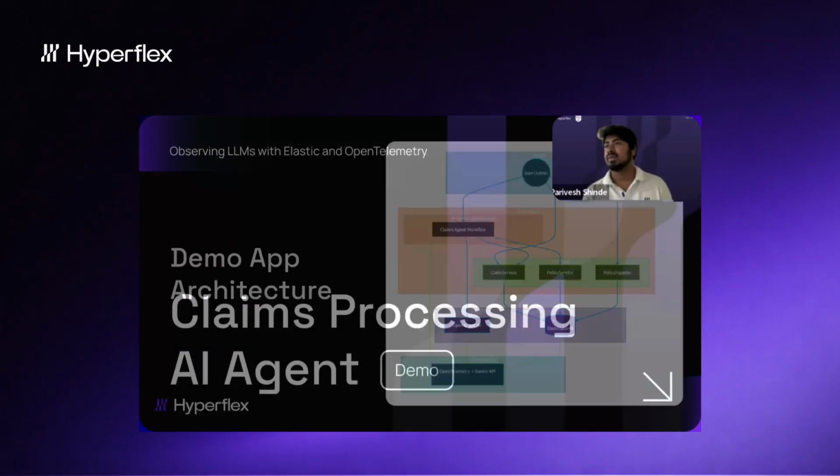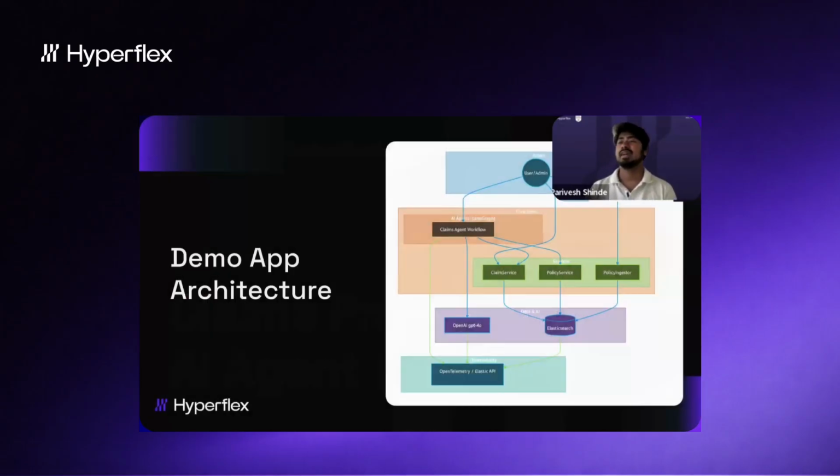For this session, we will be focusing on the LLM part, and to do that, we will be utilizing a demo app that I have prepared. It's a very simple app. It's a LangGraph based app, and you can submit a claim, like an expense claim. Every organization has some reimbursement mechanism for its employees.